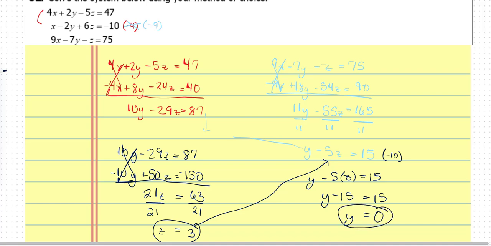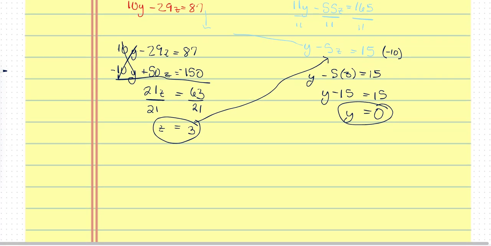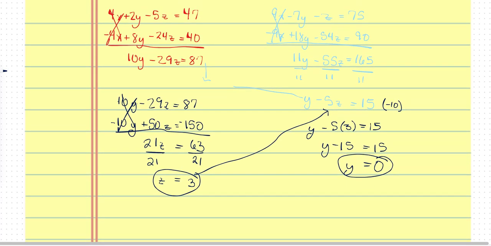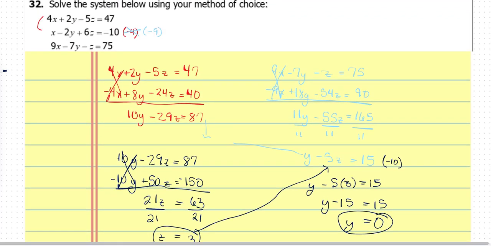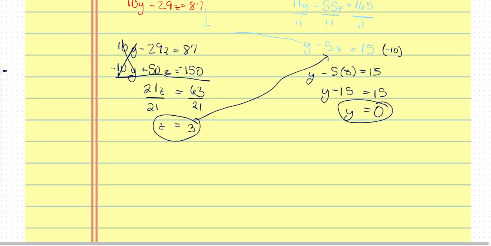This is my second letter. Now we got to go back to one of the equations, and I'm going to use x. I'm going to use this one. So x minus 2y plus 6z is equal to negative 10.